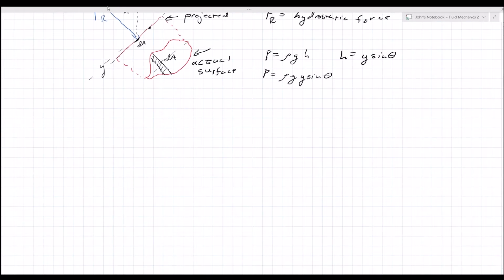And then if you recall, the derivative of the force is equal to pressure dA. We're going to assume that the pressure of the fluid up here is constant, not going to change.